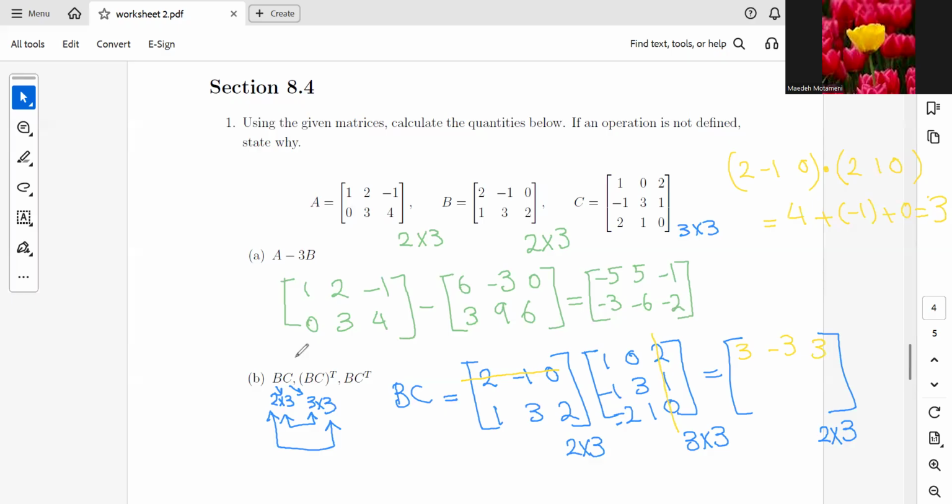Now it's time for the second row. Second row of the first one with the first column here. It will be 1, 3, 2 times 1, -1, and -2.